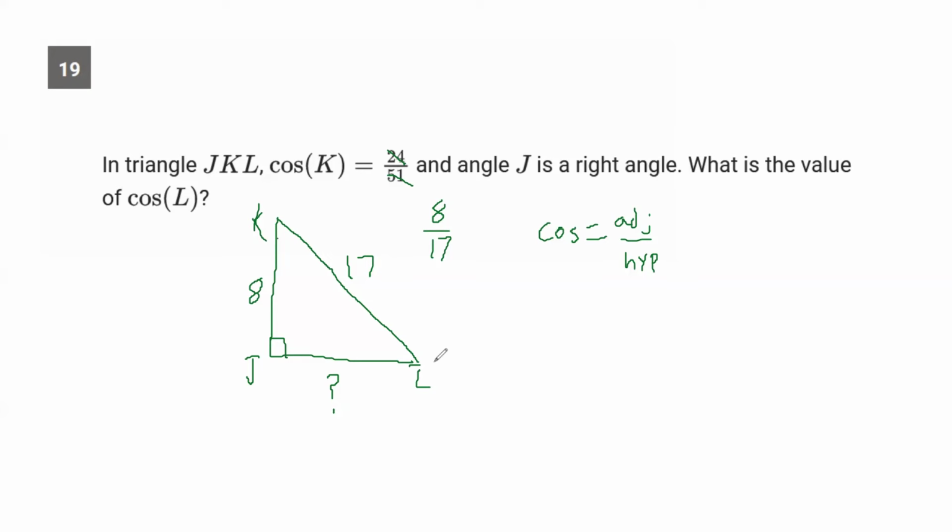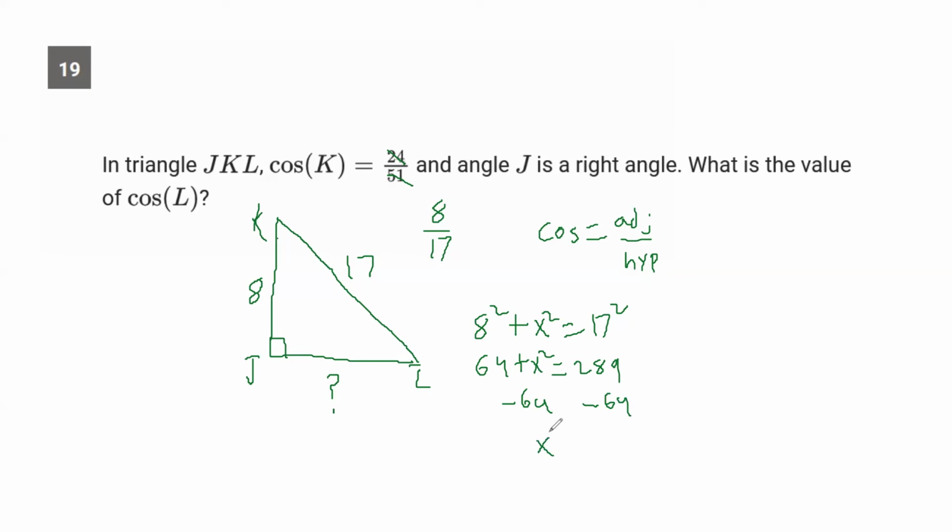So we're going to do 8 squared plus, let's call that x squared, equals 17 squared. 8 squared equals 64 plus x squared, and that equals 289. 17 squared equals 289. Then you subtract 64.